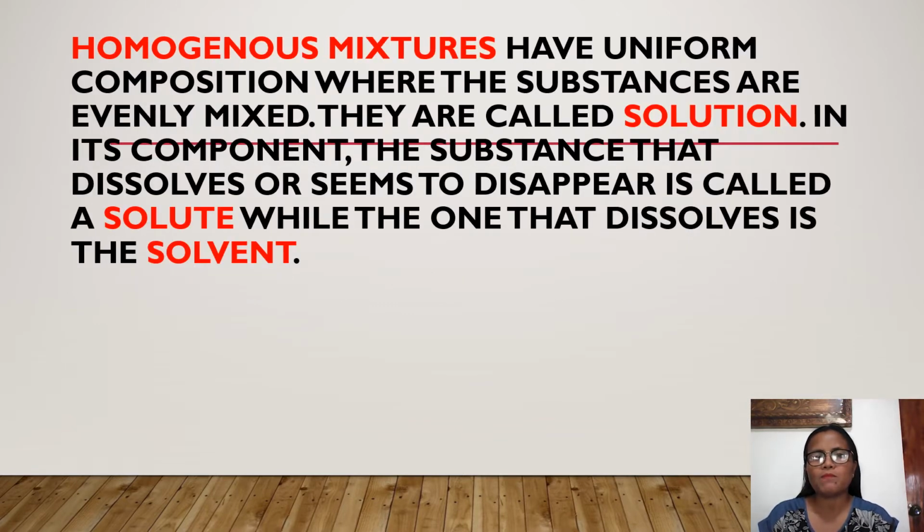Homogeneous mixtures have uniform compositions where the substances are evenly mixed. They are called solutions. In its components, the substance that dissolves or seems to disappear is called a solute, while the one that dissolves it is the solvent.